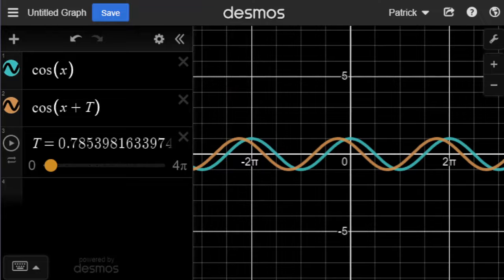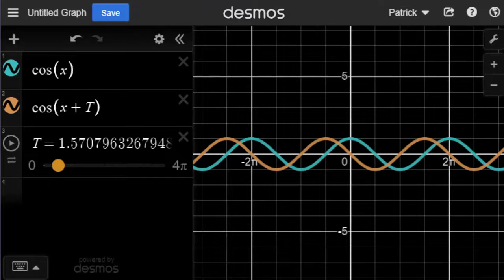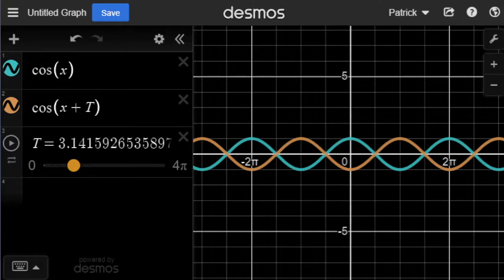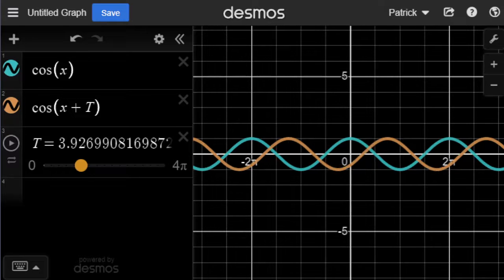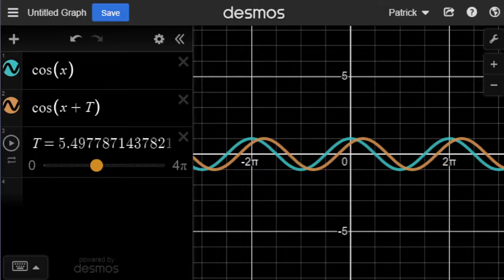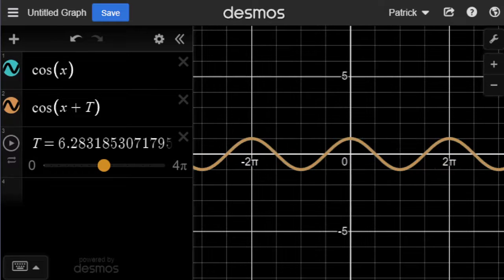These look like horrible decimal numbers, but that's pi over 4, pi over 2, 3 pi over 4, pi, 5 pi over 4, 3 pi over 2, 7 pi over 4, and 2 pi gets us back to where we started.